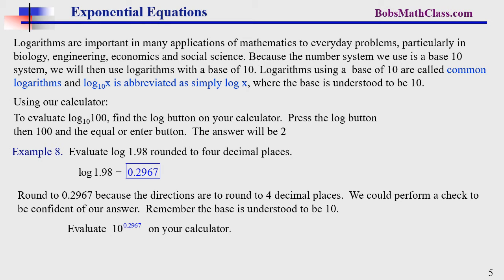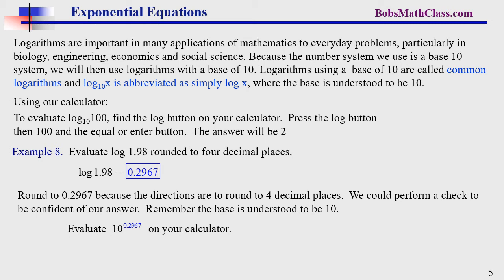So go ahead and put that into your calculator. Put in the base of 10. So type 10, and then your exponent button, and then 0.2967. So I'm going to do that along with you. So 10 exponent 0.2967, and I got 1.9801587808.